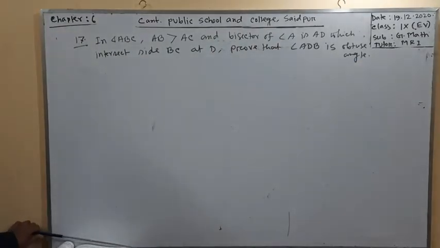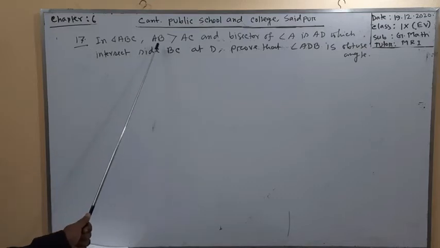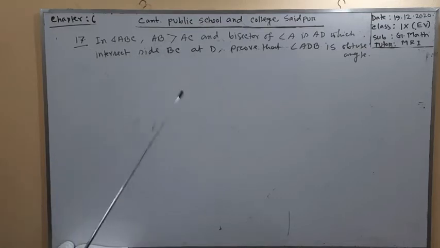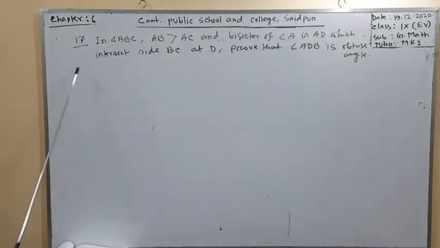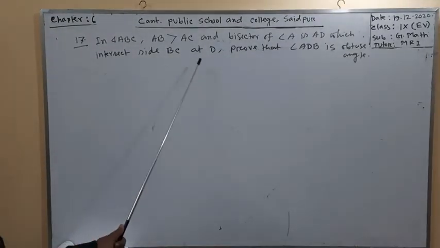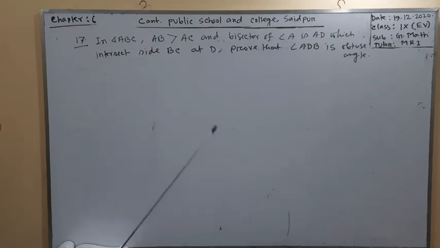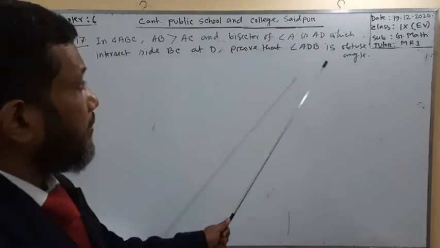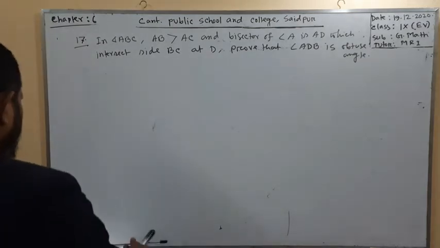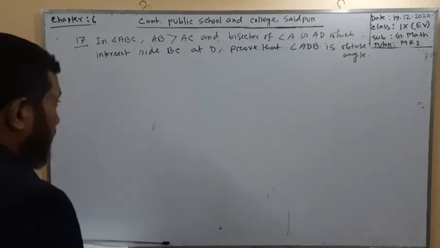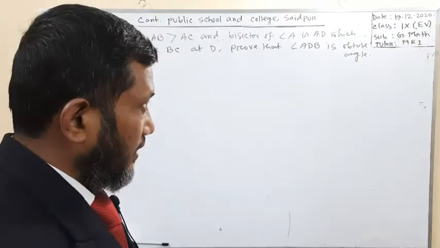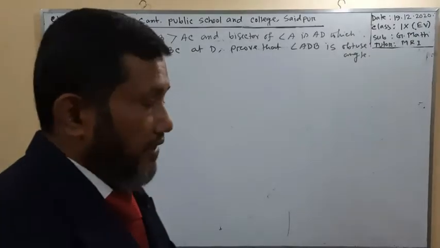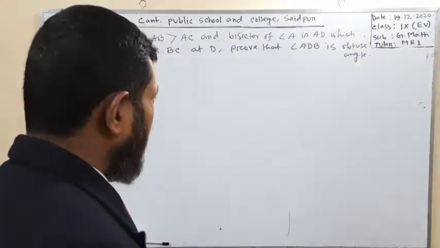I am reading this again. In triangle ABC, here AB is greater than AC and the bisector of angle A is AD, which intersects side BC at D. We will prove angle ADB is an obtuse angle. We know if the measure of an angle is greater than 90 degrees and less than 180 degrees, this is an obtuse angle.